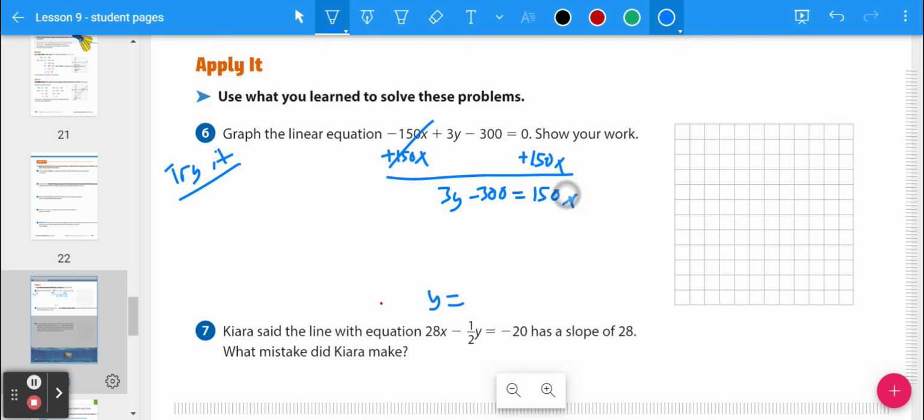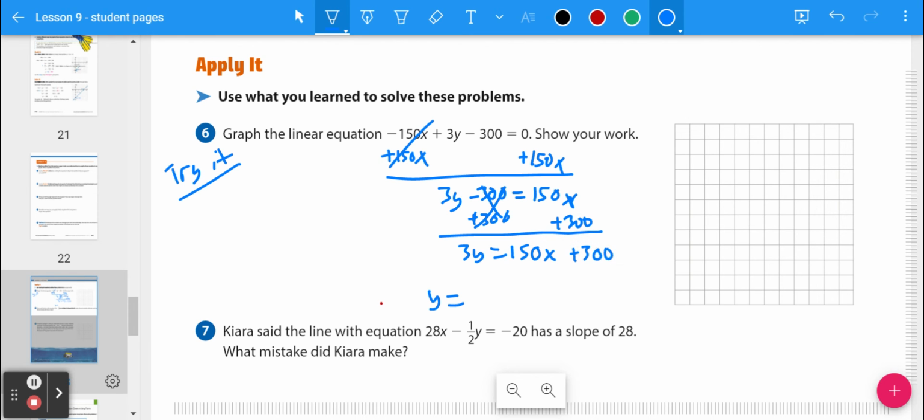Now I want to get rid of the minus 300 because I want the y by itself. So I'm going to add 300 here, and I'm going to add 300 on this side. Now remember, you can't add it to the 150 because they're not like terms. So it's just 150x plus 300. We leave it in that form.